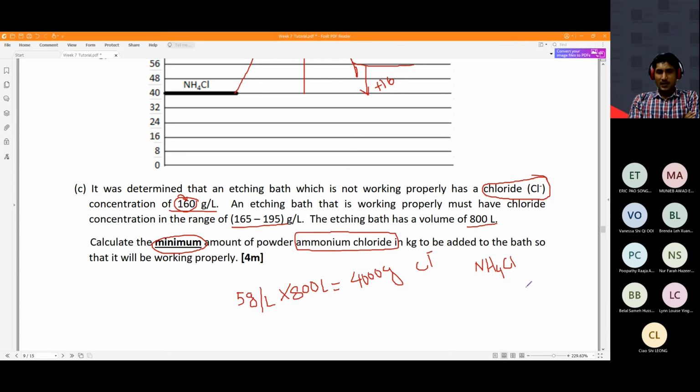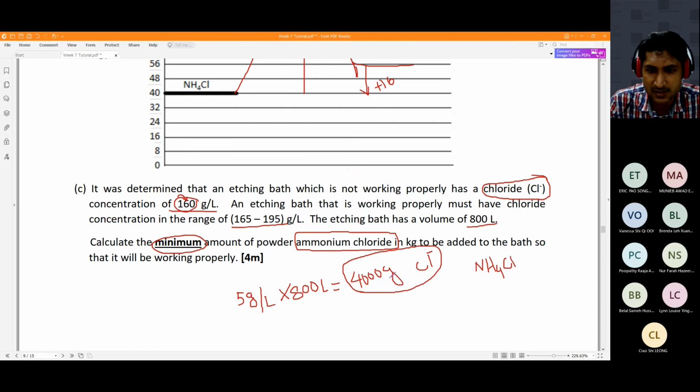In ammonium chloride, how much chlorine is there? To make it easier, how much ammonium chloride should I use to get 4,000 gram of chloride? How much ammonium chloride should I be using to get that much chloride?